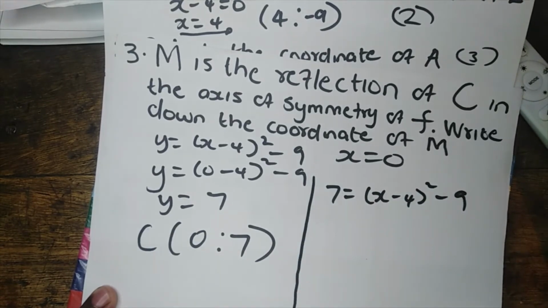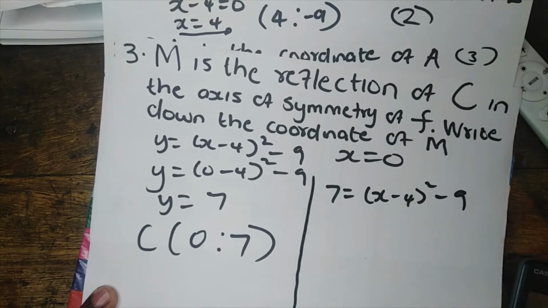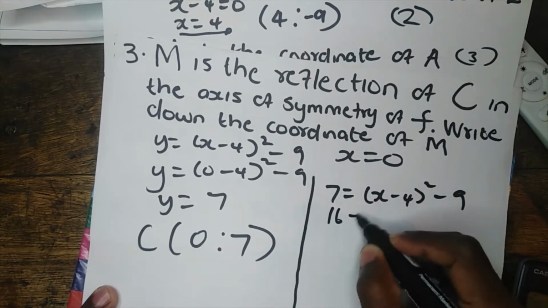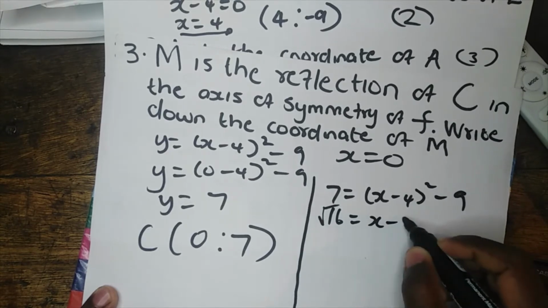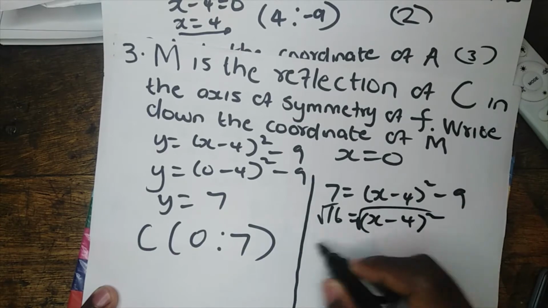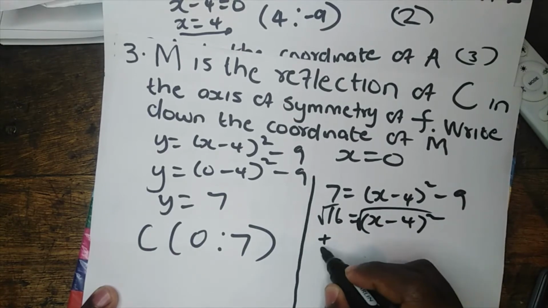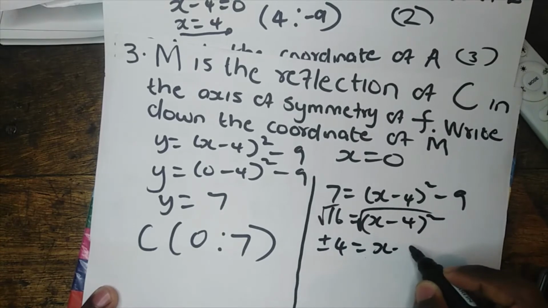Transpose the 9: 7 plus 9 is 16. So (x minus 4) squared equals 16. Take the root: x minus 4 equals plus or minus 4.